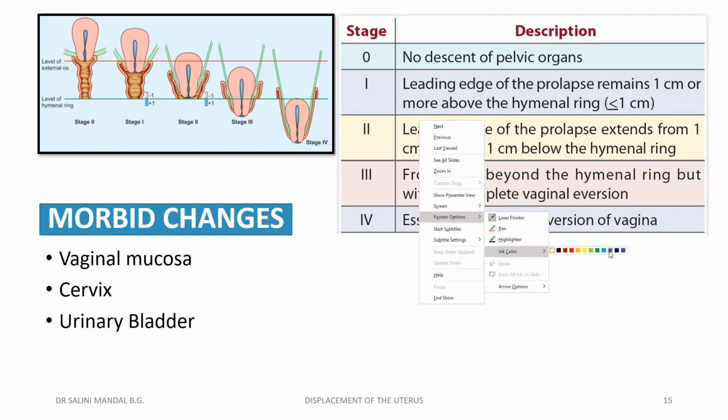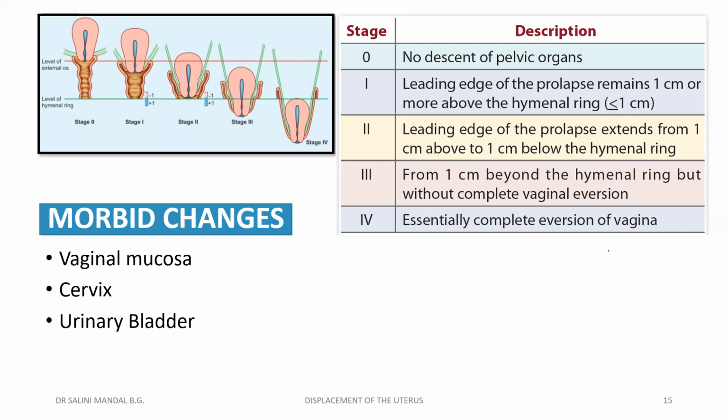Okay. Now, let's see a little of the morbid changes. The first one we are going to deal with is the vaginal mucosa.